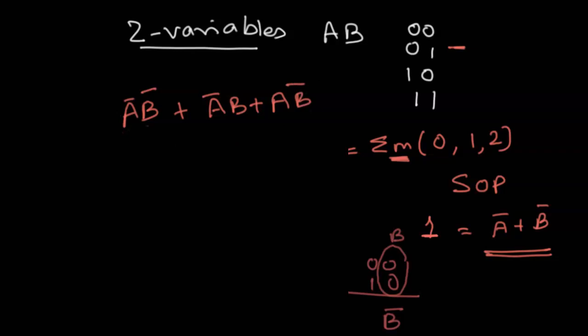So we actually have 3 terms, with all the complicated sums, before reaching A bar plus B bar. This will take time to reduce to its simplest form, and using the K-map you can reduce it faster and get the same result, A bar plus B bar. Hence a K-map is used. Let's move forward to 3 variables and understand how we can implement our K-map when we have 3 variables given.